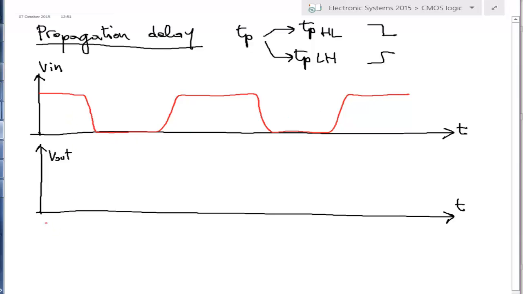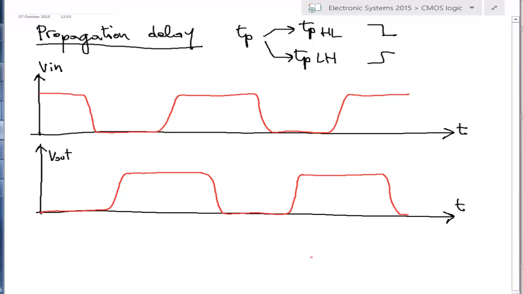What we observe in time is that V out does the same, but of course with some delay, because V in changes and then after some time also V out changes. The change is not instantaneous because in practice there is some charge that has to be moved.